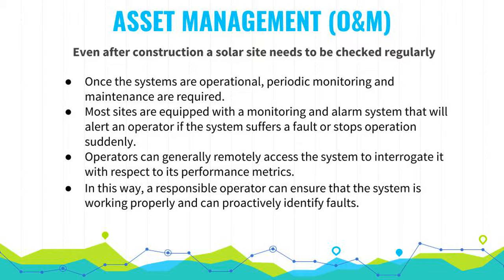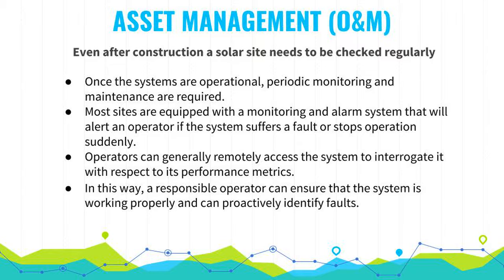During the asset management phase, or operation and maintenance phase, we should be reminded that even after construction, a solar site needs to be checked regularly. Once the systems are operational, periodic monitoring and maintenance are required.